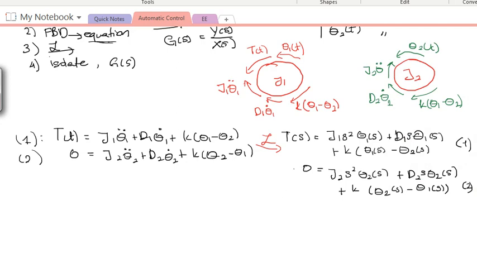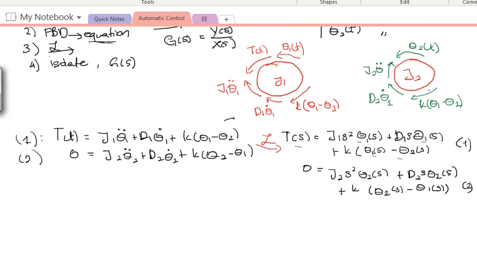So now that we have the equations, the next thing we need to do is to isolate the output, which is theta, from the input T. Now that we have two equations and two unknowns, the first equation comes from FBD1, equation 2 comes from FBD2, and the two unknowns are theta 1 and theta 2.